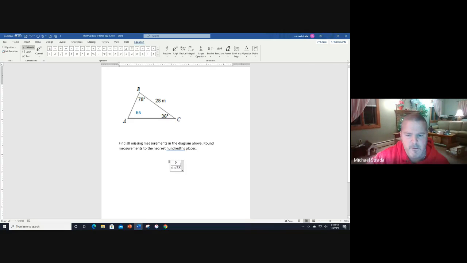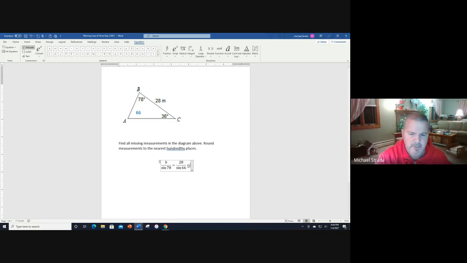Then in the middle, I'm going to put the A because that's the one that has both the angle and the segment. So that's going to be 28 over the sine of 66.